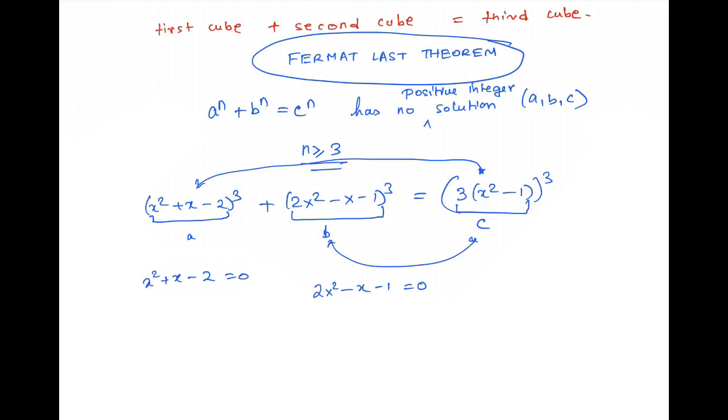Now pause for a moment here and think about the implication. This is actually a problem solving strategy. We are trying to guess what the solutions can be, and given an equation, it's always interesting to ask, is there any integer solution?